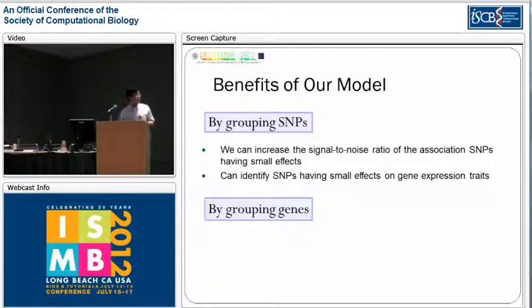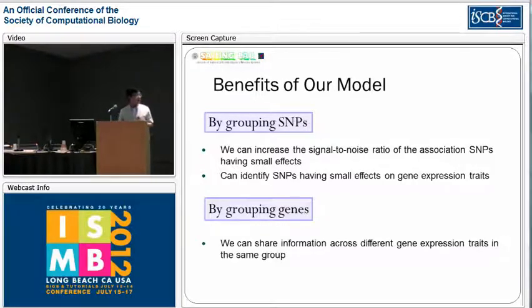And also by grouping genes, we can share information across different gene expression traits in the same group. Intuitively, if we saw a weak association between a SNP and a gene trait, it would be difficult to say that this is a true association with high confidence.